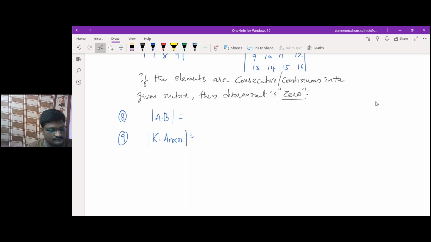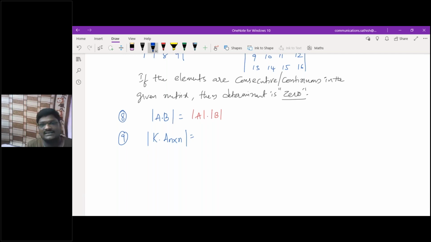Mod A into mod B. Obviously the eighth one will be mod A into mod B.